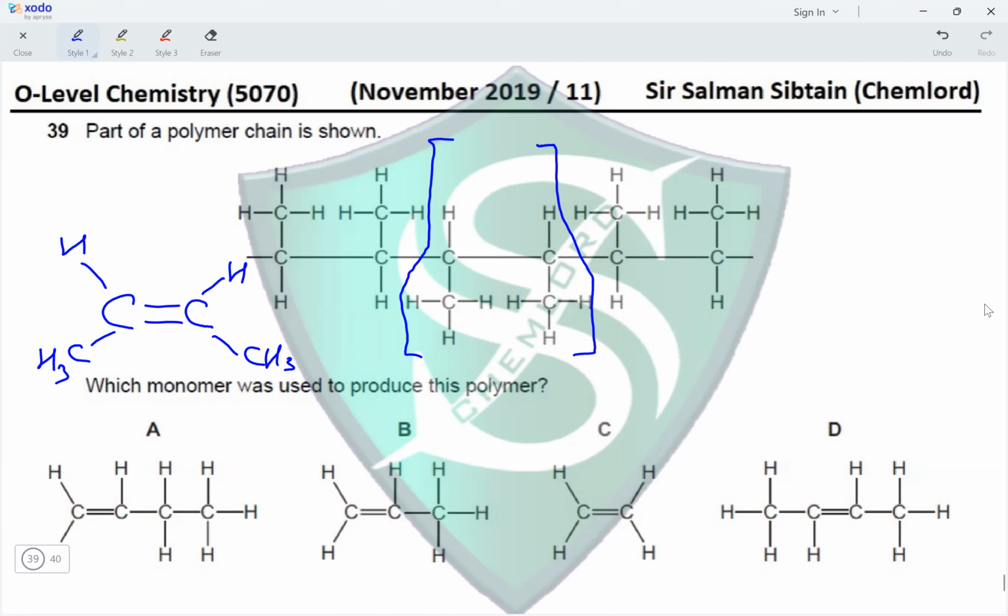So the correct monomer is represented in option D, because D has two carbon atoms with a double bond, with a hydrogen atom on each and a methyl group on each. So this makes option D the correct option for this question.